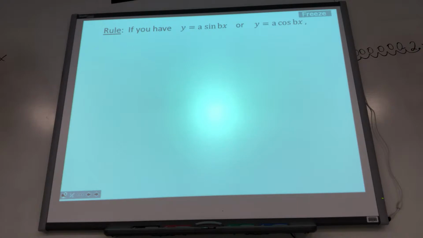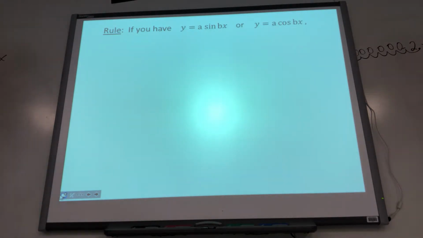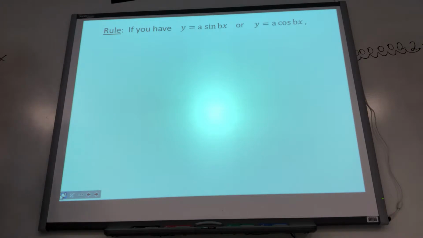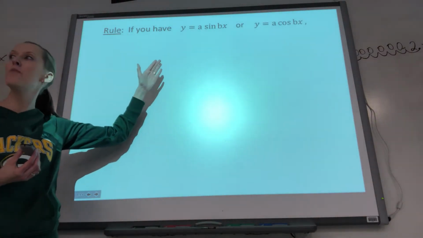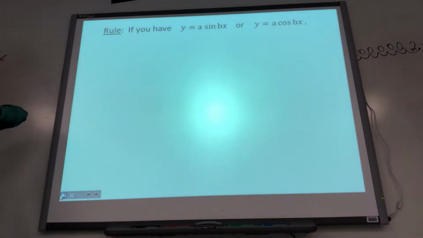It says, if you have y equals a sine of bx, or y equals a cosine of bx, the A and B up there are just trying to show you that you could have a number out front or you could have a number with X. Here's the first formula.